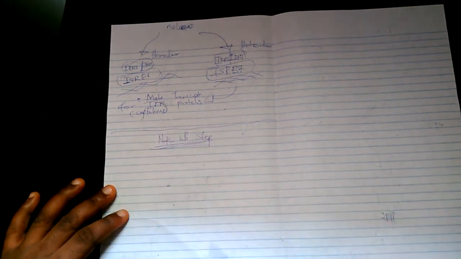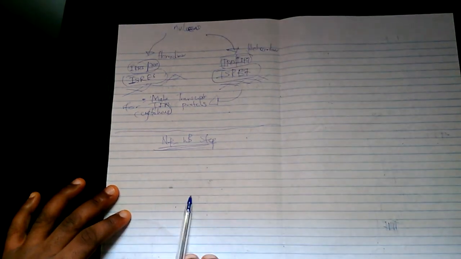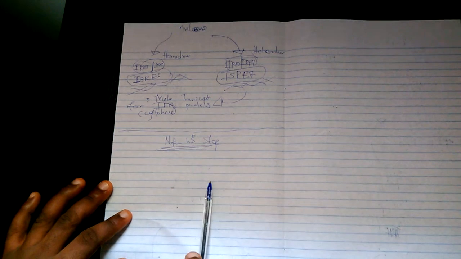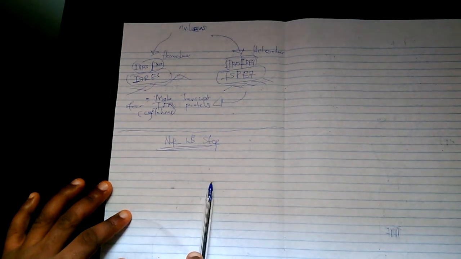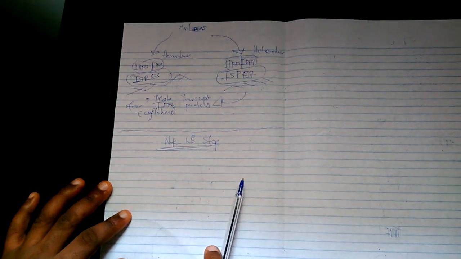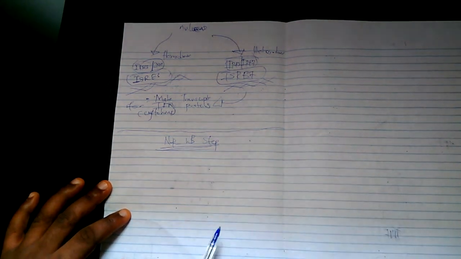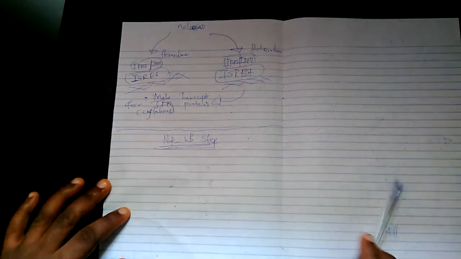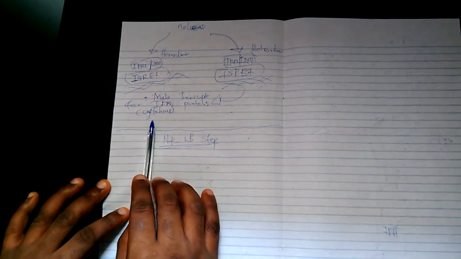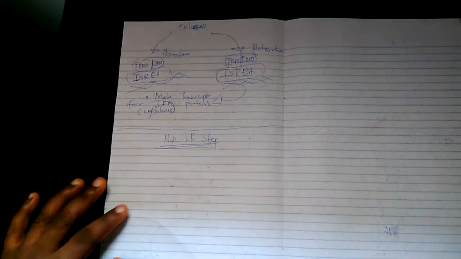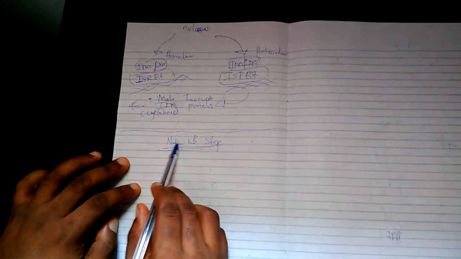So instead of TRIF going through the entire process of the normal pathway, you can also go indirectly through another pathway to produce NF kappa B. Instead of activating ISRE3, it goes ahead to activate NF kappa B. Sorry about that, it's not making it, it's activating it.